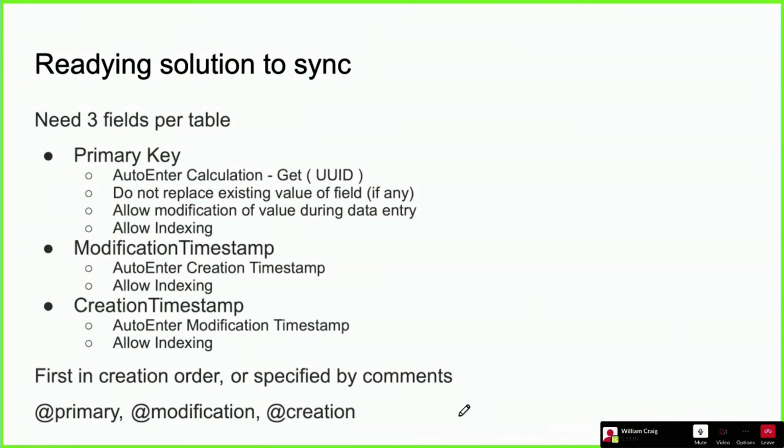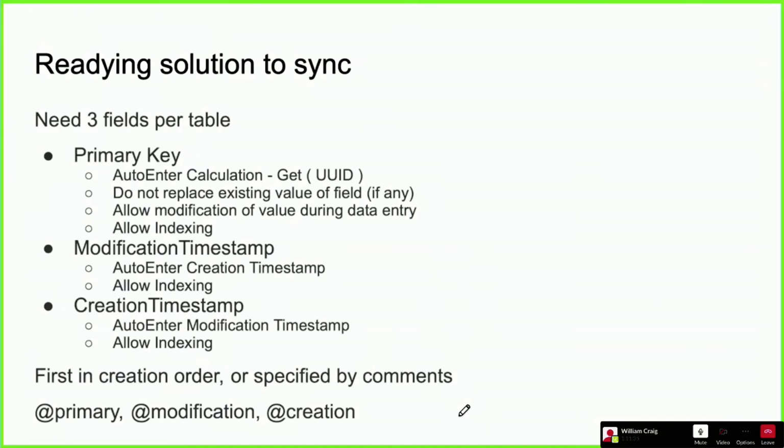For the modification timestamp, it's fairly self-explanatory. It must be an auto-enter field that enters a timestamp on creation, and it also must allow indexing. And the same goes for the creation timestamp field. So these fields are something that every table that you want to sync will require.